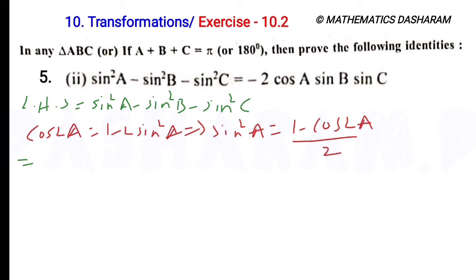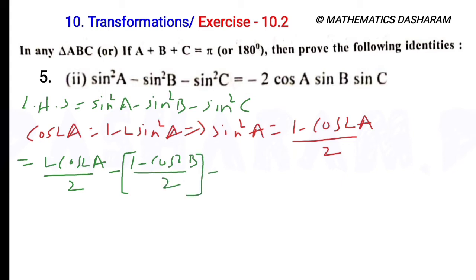Then it is equal to (1 minus cos 2A) divided by 2 minus, here take the bracket, (1 minus cos 2B) divided by 2 minus one more bracket, (1 minus cos 2C) divided by 2.